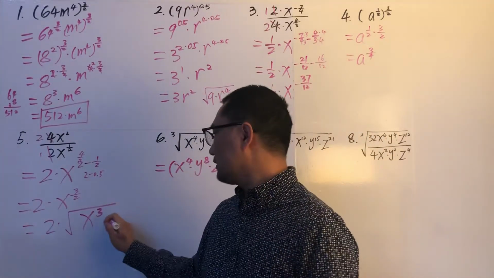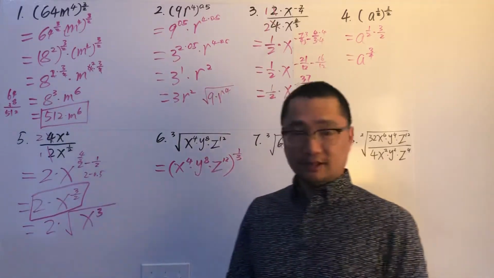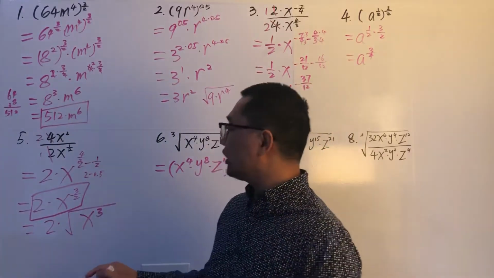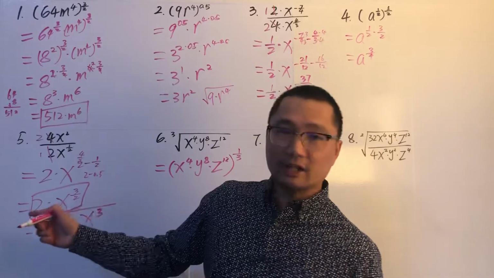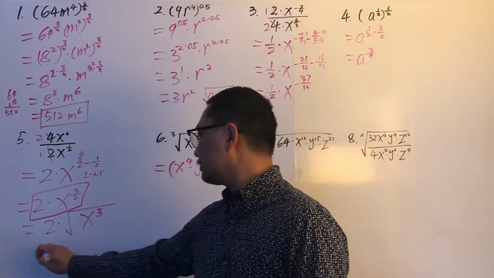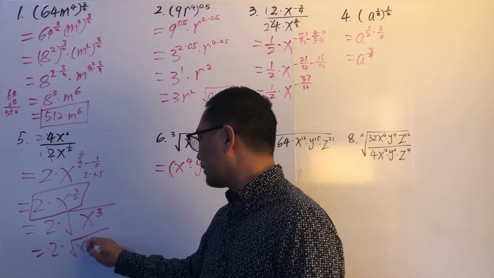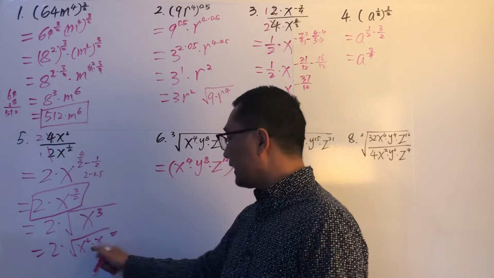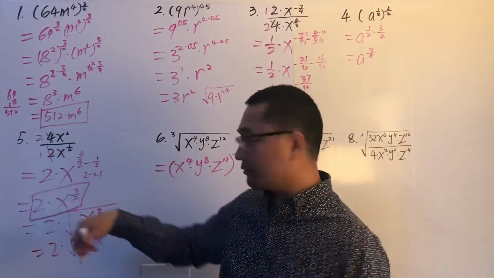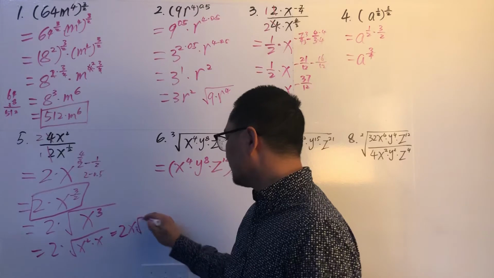So now, if you want to keep it this way, it's fine for me. But if you know how to change to a radical form, and because you know x cubed, you can change it to x squared times x. That means x squared can be taken out from the square root. So that means x times square root x.